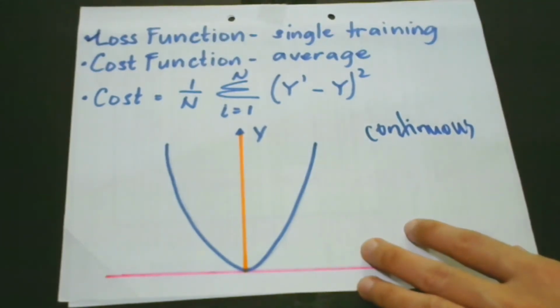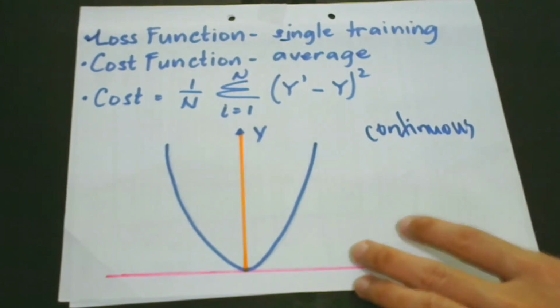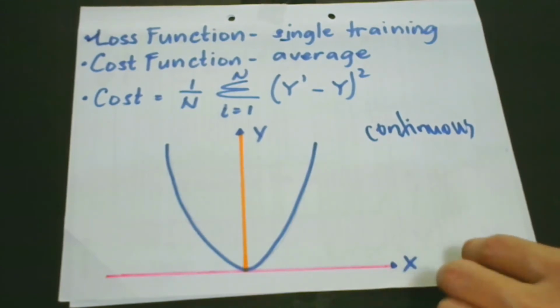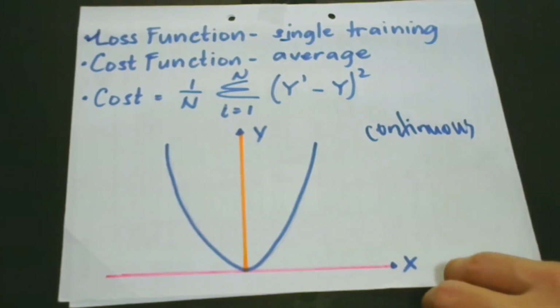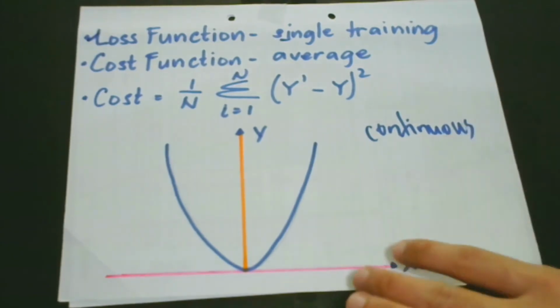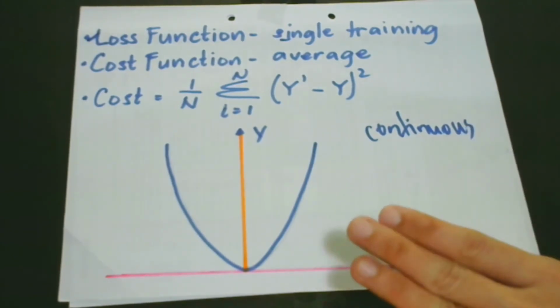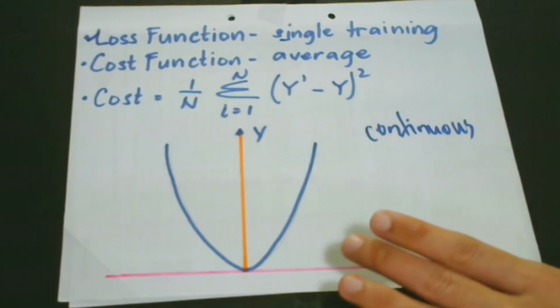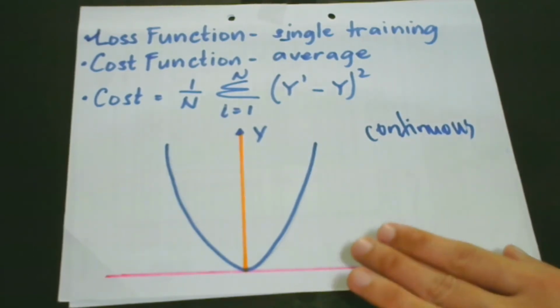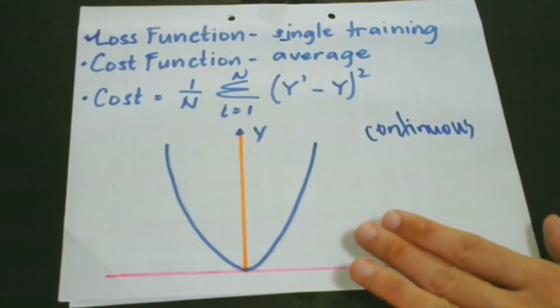So in short, just the name itself, it takes only one data for us to be able to identify the amount of loss. But in the average, or in the cost function, we need lots of data or training examples for us to be able to arrive at the average loss.